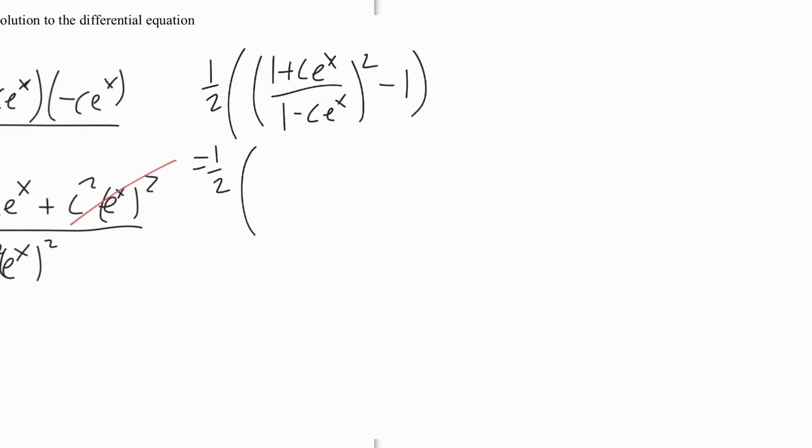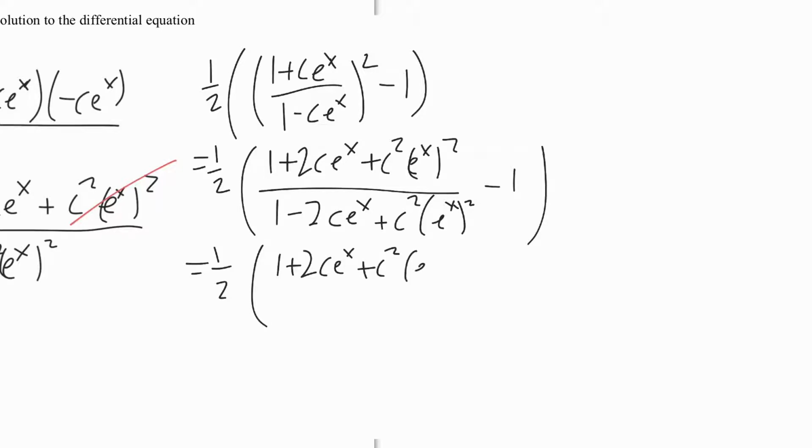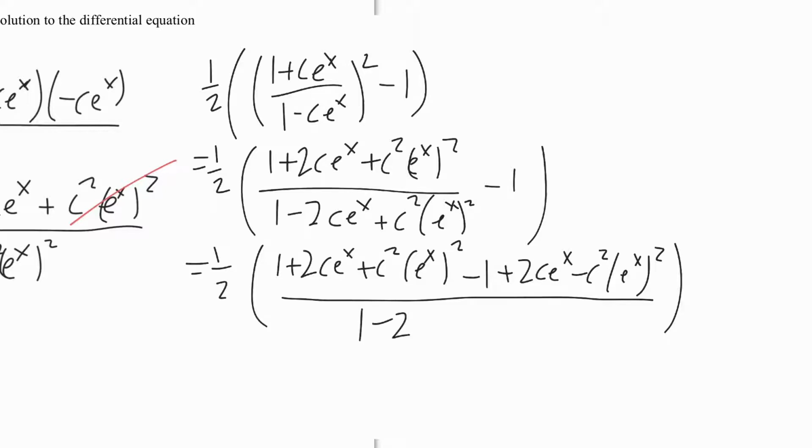So we'll go ahead and square that out: (1 plus 2c e to the x plus c squared e to the x squared) over (1 minus 2c e to the x plus c squared e to the x squared) minus 1. Do that same common denominator business we did last time. So that'll give us basically the negative of the denominator: negative 1, positive 2c e to the x, negative c squared e to the x squared, over the same denominator.